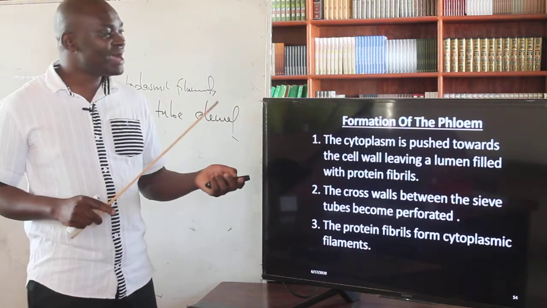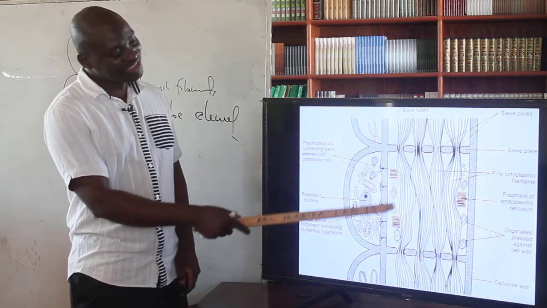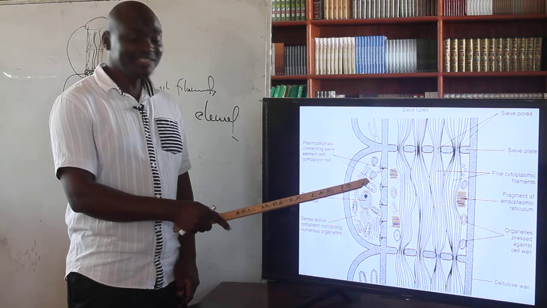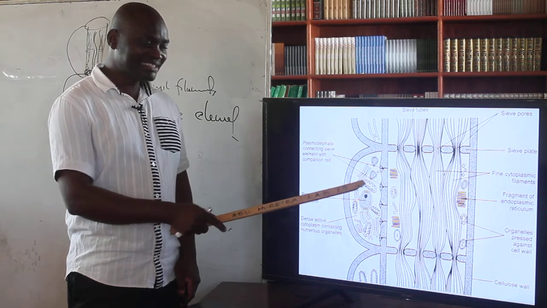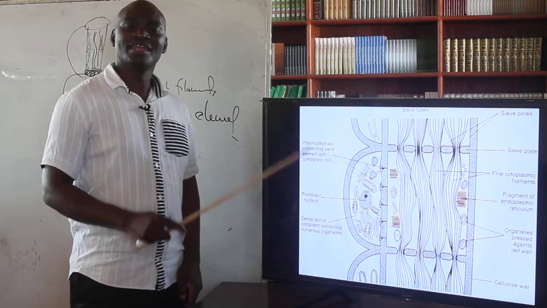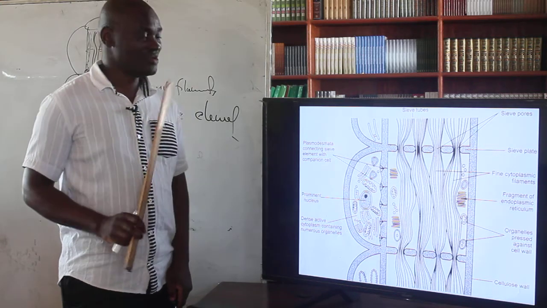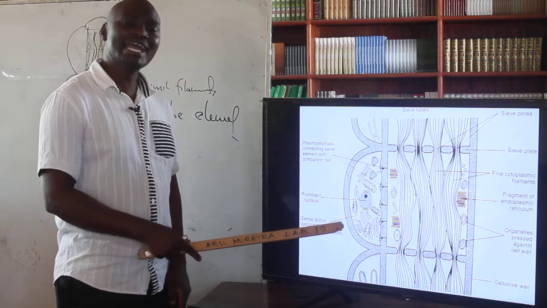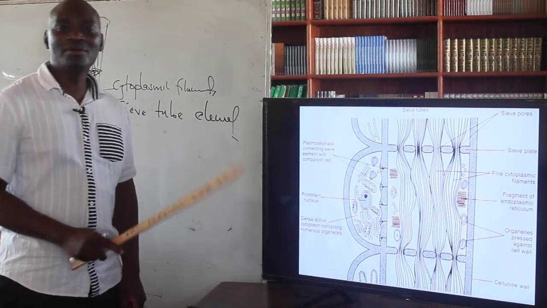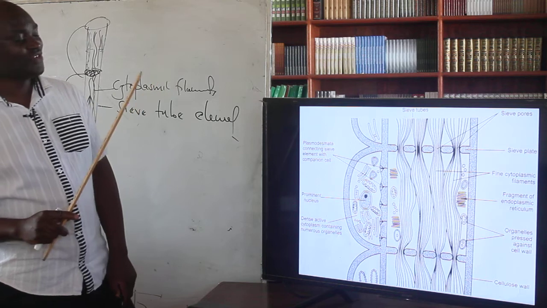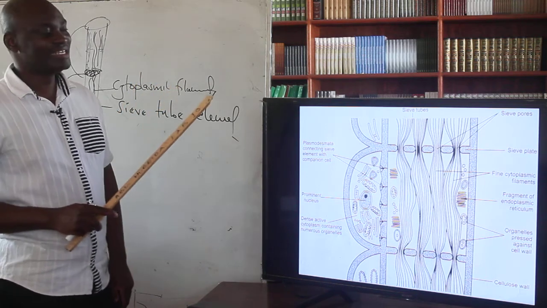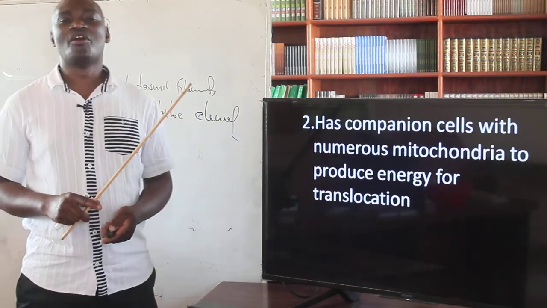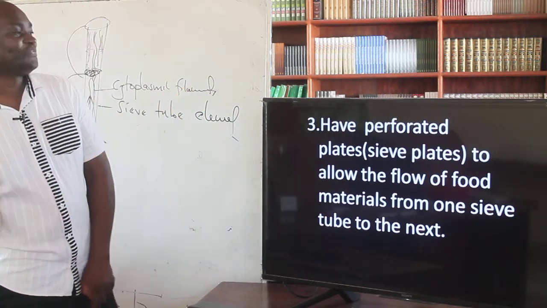When you come back to this structure again, this is the companion cell. It has numerous mitochondria, and these numerous mitochondria act as a site where respiration occurs, producing energy in the form of ATP for the process of translocation. So we are dealing with the adaptations of the phloem structure.